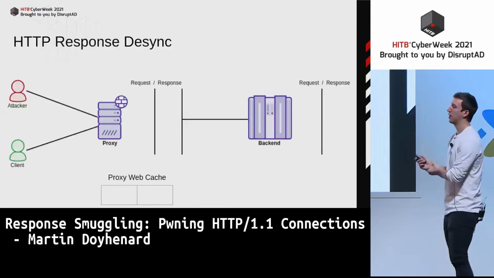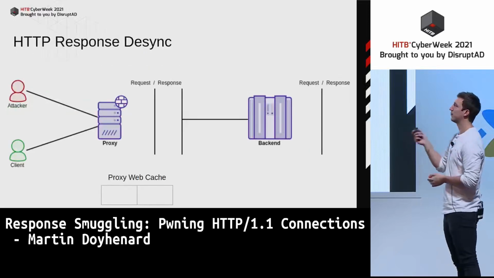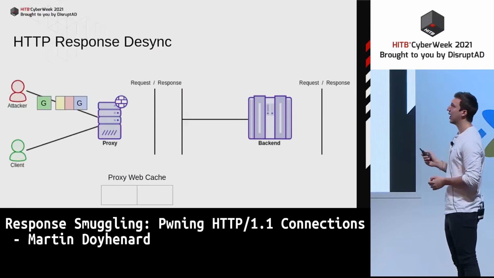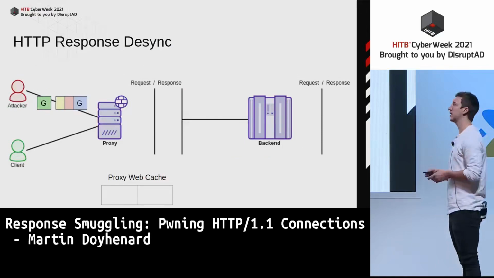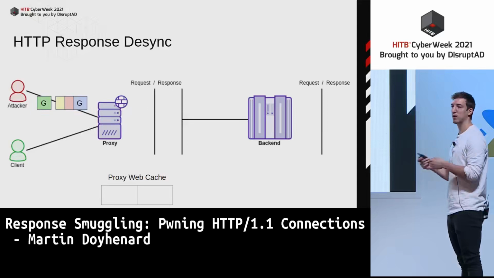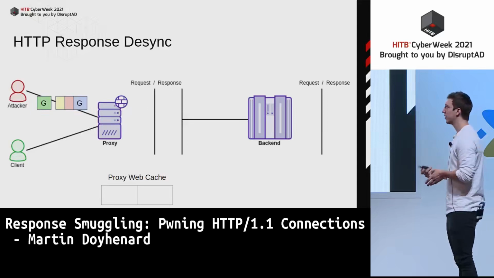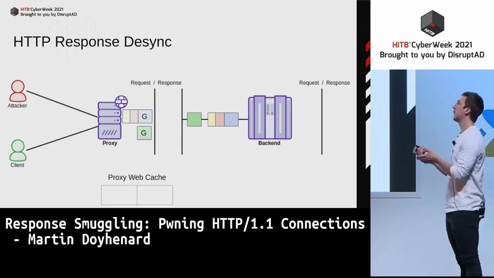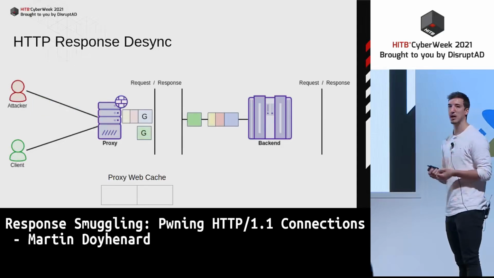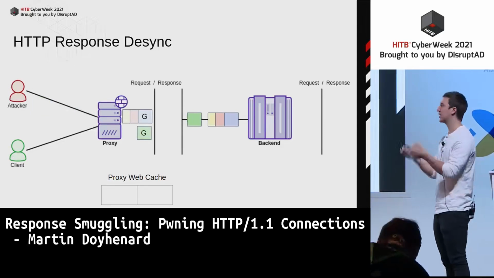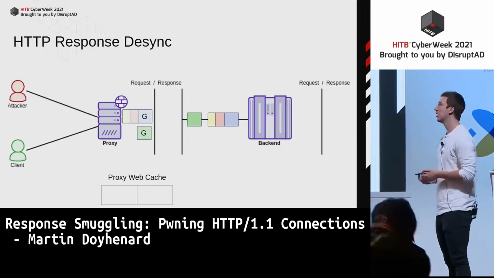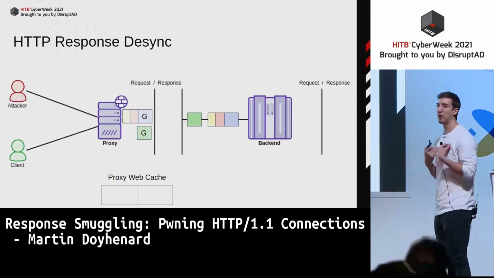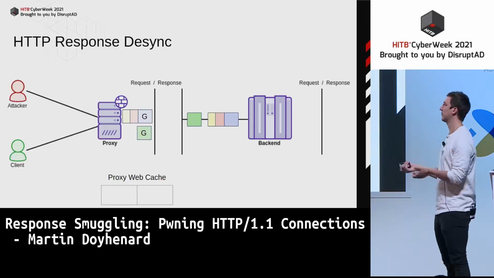Okay. And again, the same diagram. In this case, the attacker will send two concatenated requests, or two pipelined requests, that the proxy will recognize as two different ones. This is because we want to set the target URL that will be poisoned to the one that the attacker chooses, not the victim's one.